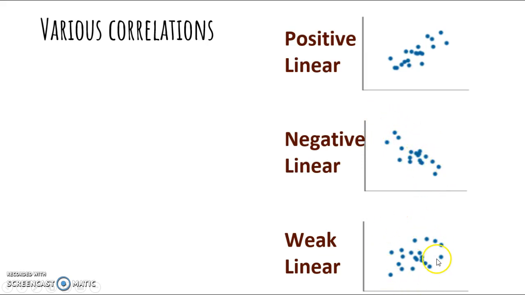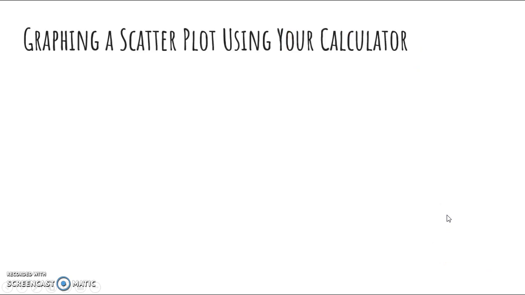Now, if you look at this bottom one, it's kind of a blob. It doesn't really have a clear line that it is clustering around. You kind of can't tell what it's doing. It's kind of like a fish to me. Anyway, it is a weak linear correlation, and sometimes that happens. It's where you can't really see the path, the line that it's trying to cluster around.